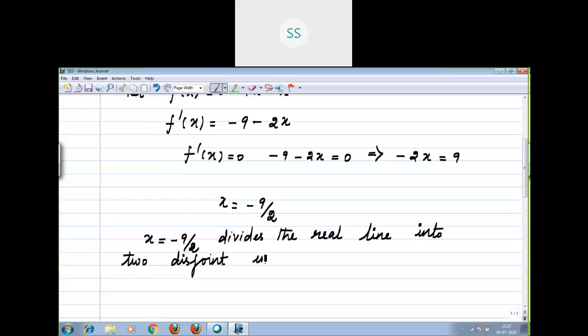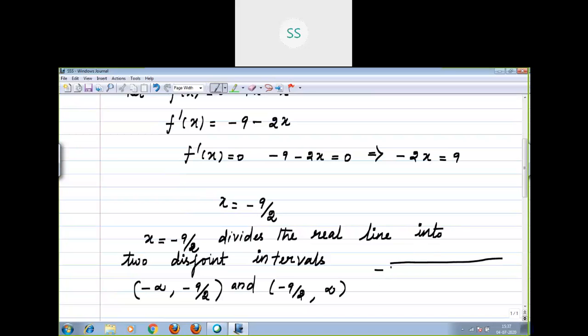What are they? Yes, very good. Minus infinity to minus 9 by 2 and minus 9 by 2 to infinity. The number line you want to draw, right?